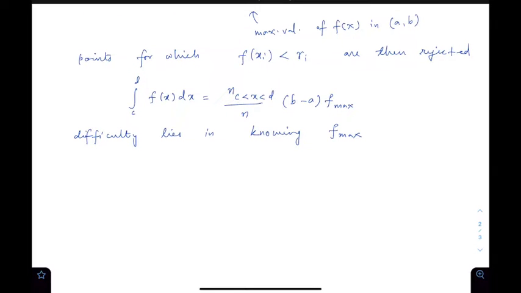Now, next we have the inverse transformation method. So let's first look at the case of continuous PDFs.